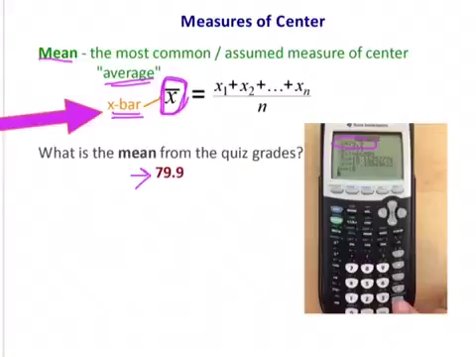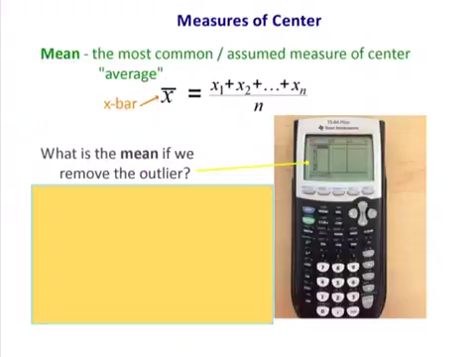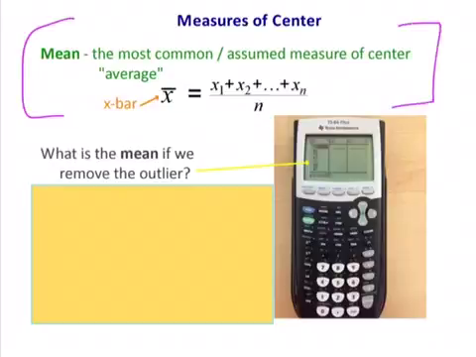But we had that value of 34 in the quiz grades, and that 34 is really bringing my mean down. If you look back at the data set, a lot of the data points are above 79.9. In fact, almost all of them are above 79.9. So this is the same information. You don't need to copy that.